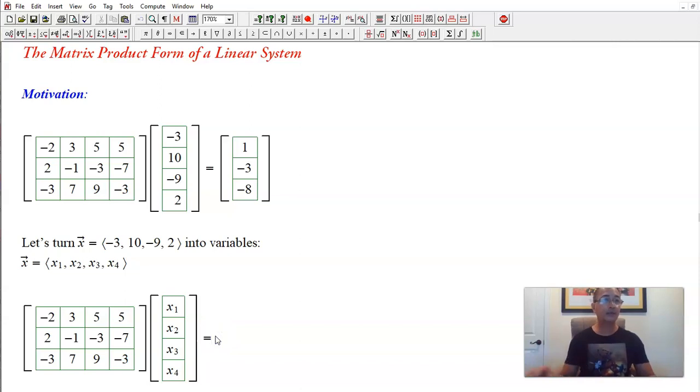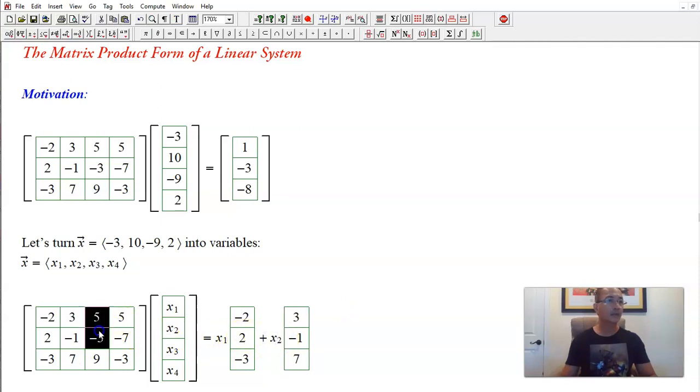So we said that this product is just column 1 multiplied by x1, and then we have column 2 multiplied by x2, column 3 multiplied by x3, and finally column 4 multiplied by x4.